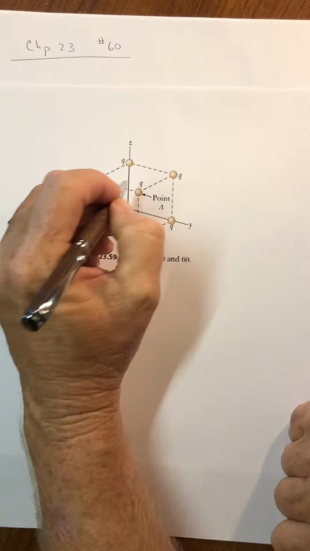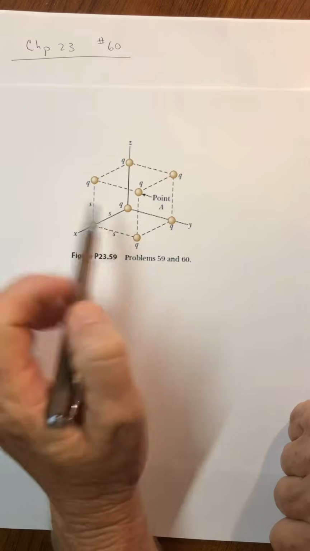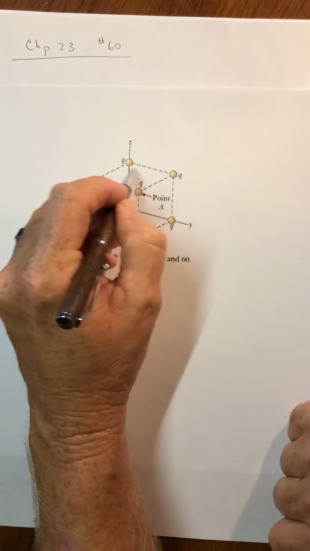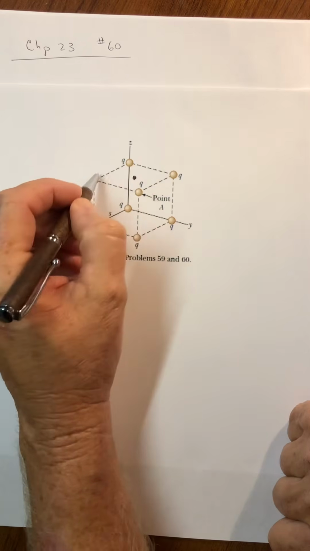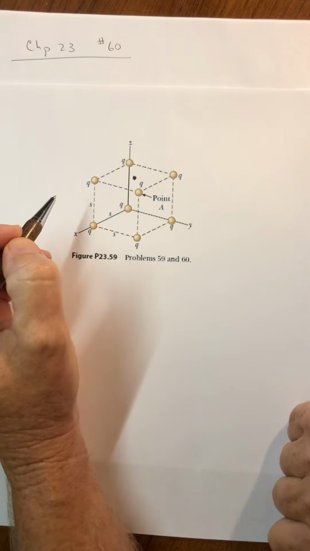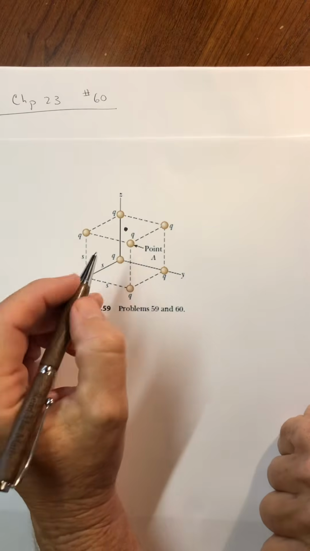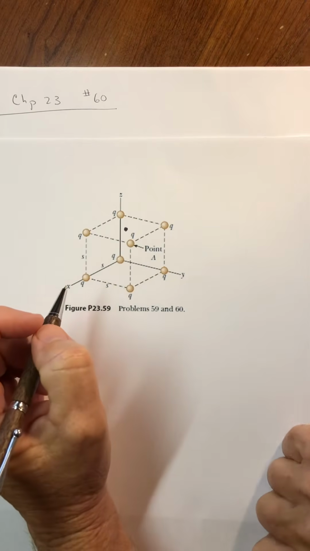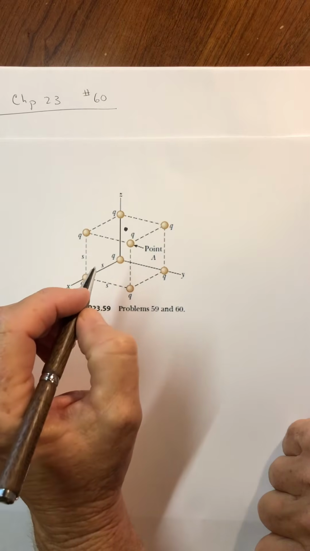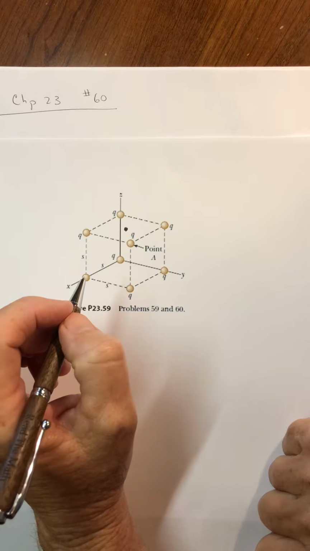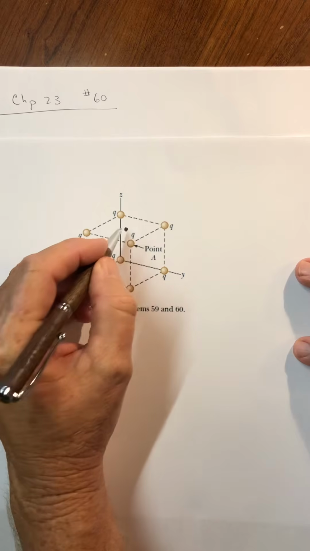So in part A, if you can kind of see this three-dimensional cube, and that's why I printed it, because it was better than I could draw. I go to the top right here, right at the center of this top face, okay? So I'll make kind of a point right there. So I'm at the center of this top face. And your author says, okay, go ahead then and figure out what the electric field here is at the top.